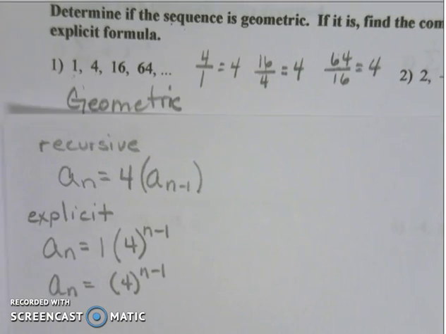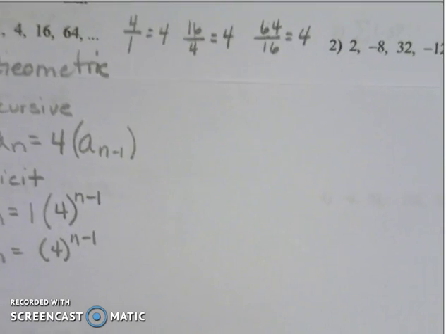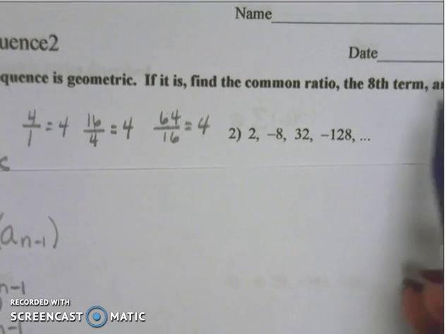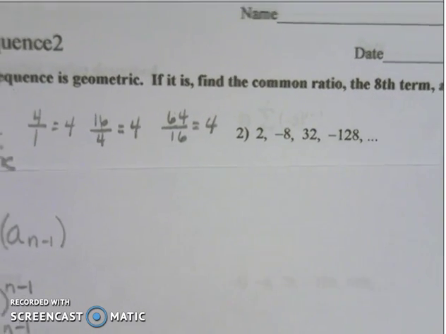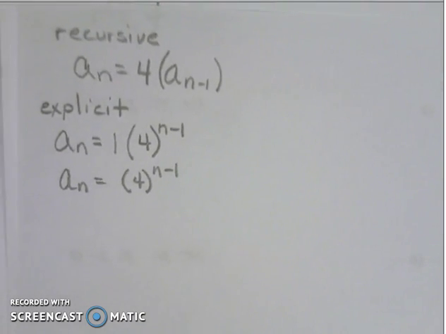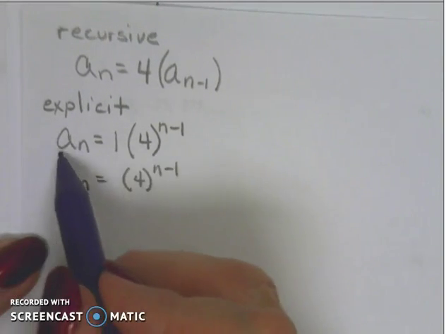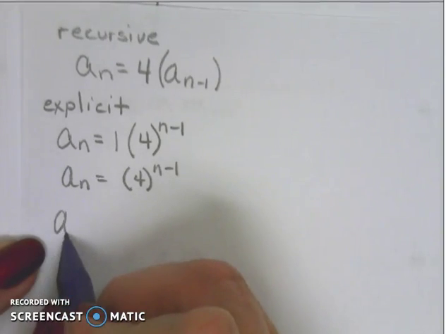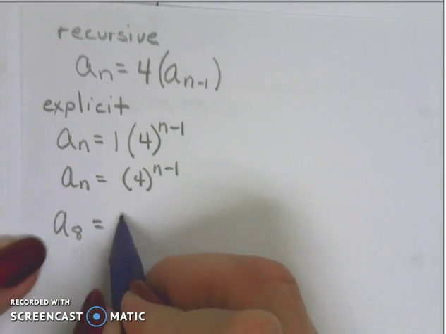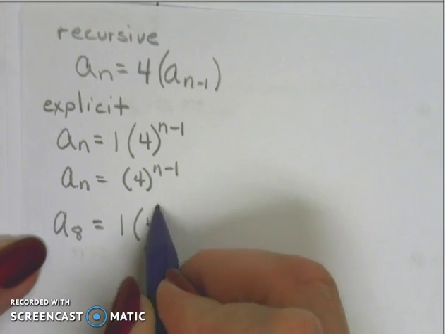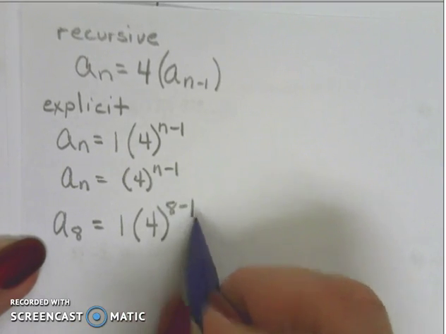Well, I may also, in this problem, ask you to find the 8th term. If I ask you to find the 8th term, you're going to come back to your explicit formula. A sub 8 is equal to 1, 4 to the 8 minus 1 power.